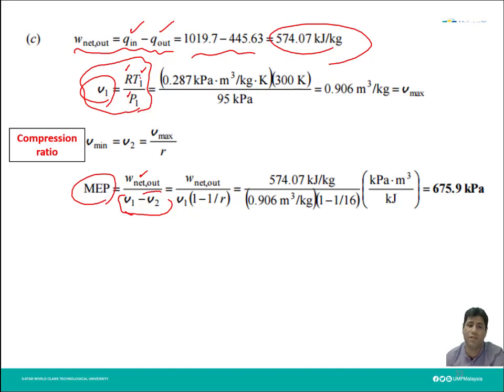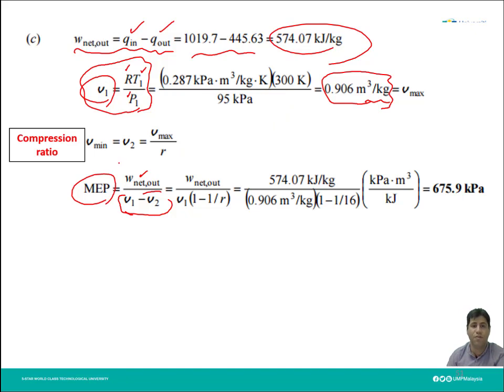Do not forget T here should be in Kelvin, and you need to check the units. Finally, the specific volume we calculate by this equation is equal to 0.906 meter cube per kilogram. So we have calculated the specific volume for state 1.